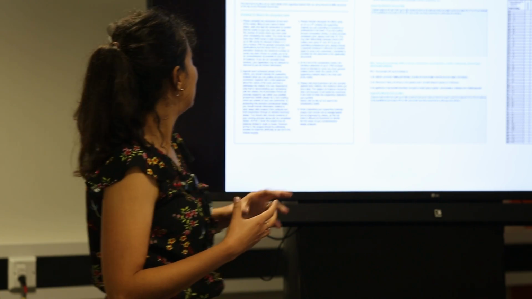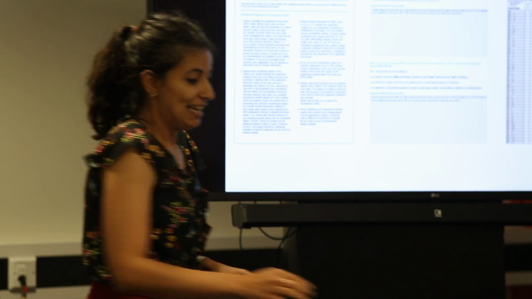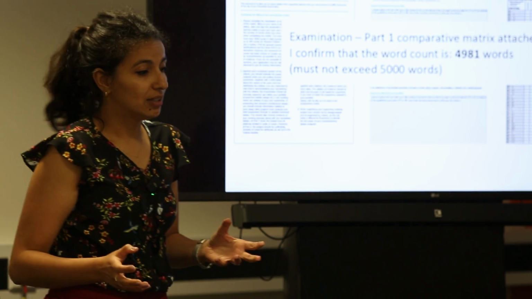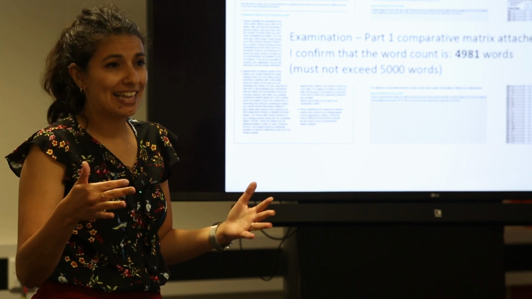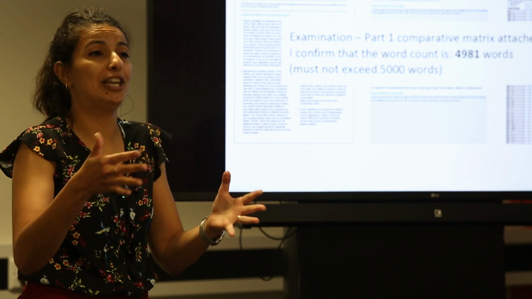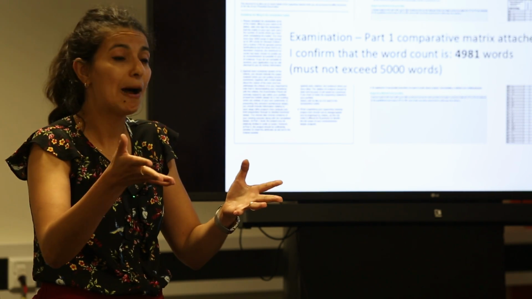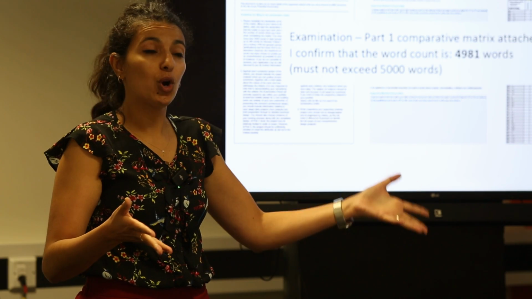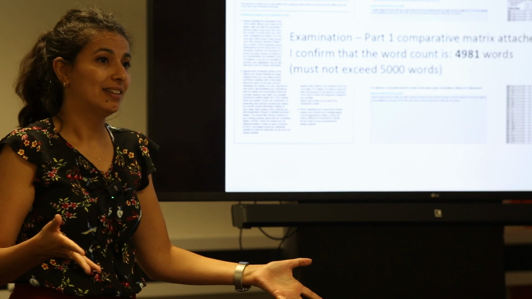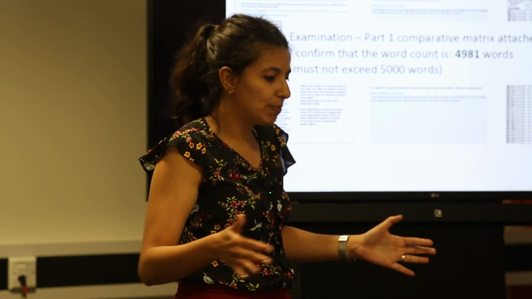And if you've noticed, in the beginning of the form, there is actually a word count, and you need to state your word count. If that tells you anything, it is that out of all the written work that you're going to submit for the exam, this is the most likely written work that the jury are going to read. And that's absolutely crucial.